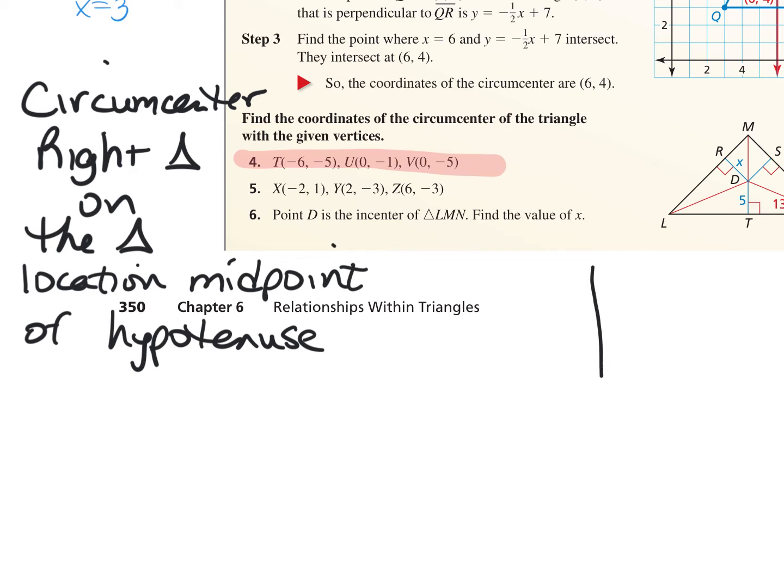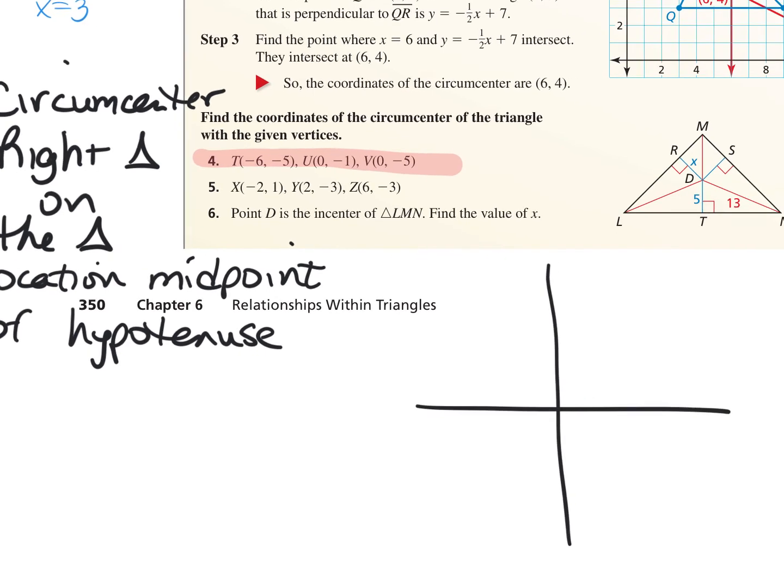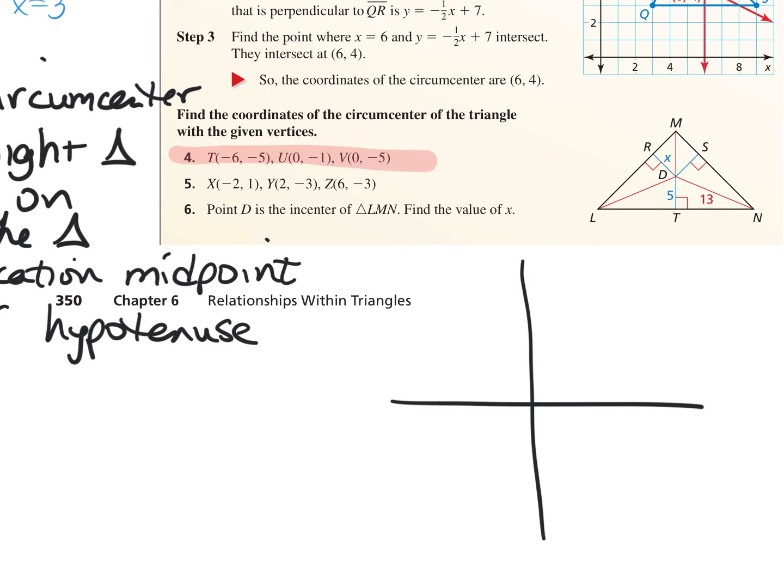Now, on the quiz, when I gave you a question like this, I gave you graphs. I told you the graphs were optional. On the test tomorrow, I'm not giving you a graph like I did on the quiz. What I've done instead is I've attached a piece of graph paper to your test. That last page of your test is going to be your scratch paper.